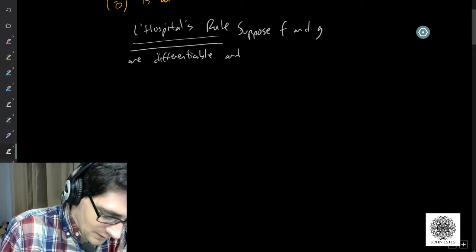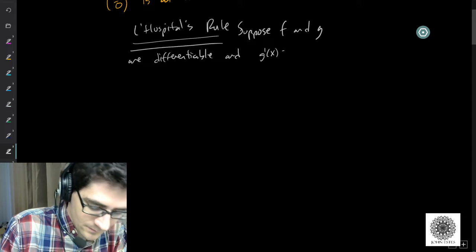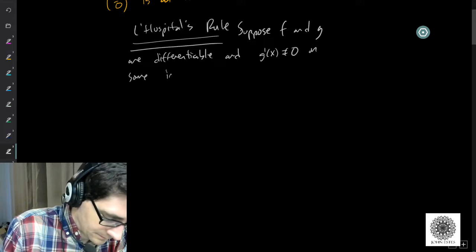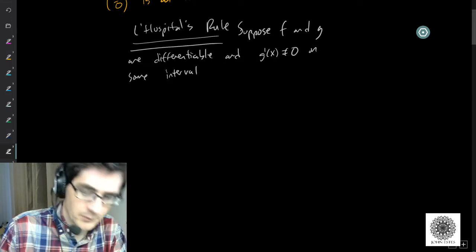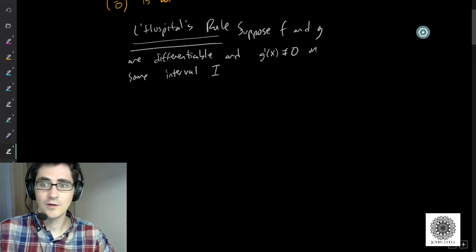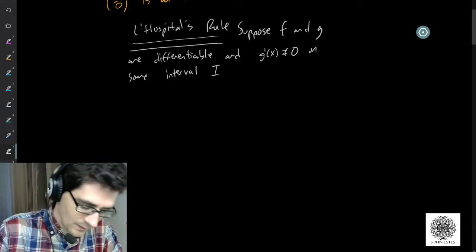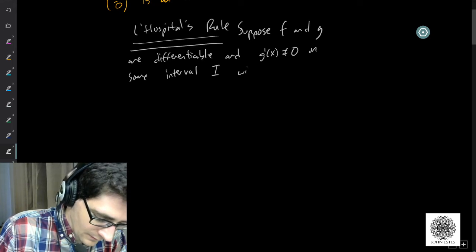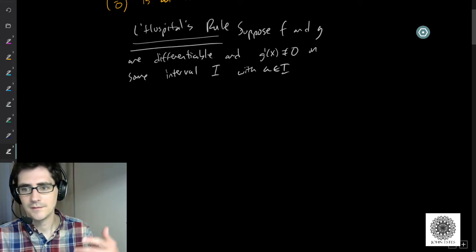I meant the denominator's derivative on some interval. Typically we write this a to b, but when you get into higher mathematics you just say something like some interval I, and with some value a being in that interval, okay?